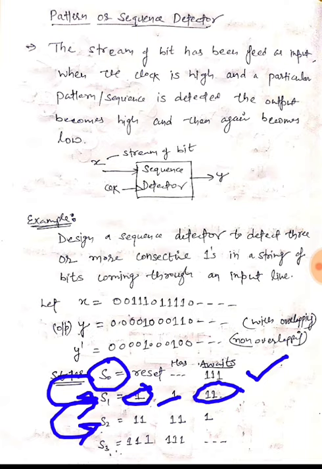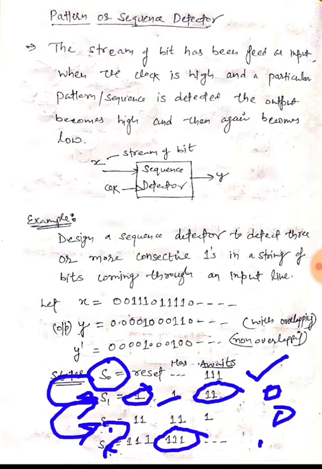Similarly, if in state 2 it gets a 1 again, then it will move to state 3. In state 3 it will have triple 1, and the output would be 1. In all these other states, output would be 0.